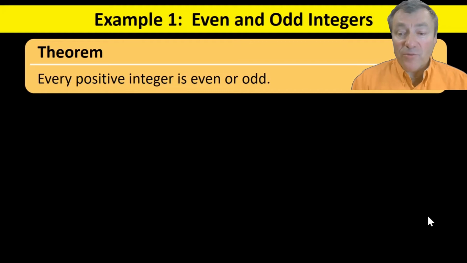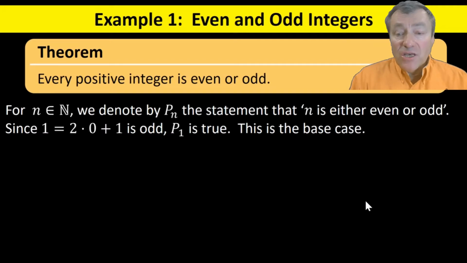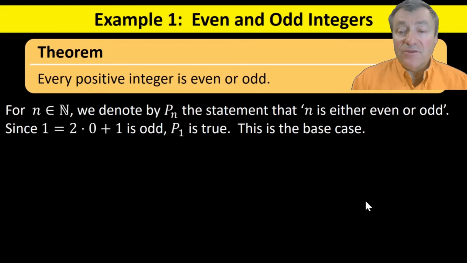It's probably the harder part of the previous assertion. You still have to prove the other part, that it can't be both even and odd, but I won't bother with that here. For each positive integer n, I let Pn be the statement that n is either even or odd. Note that Pn is not a number, it is a statement.